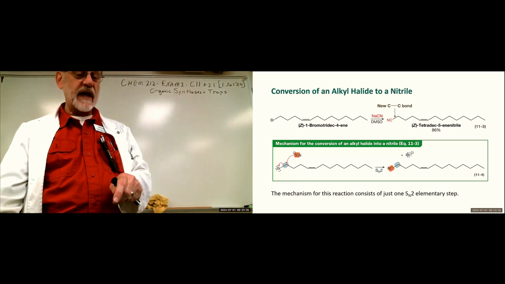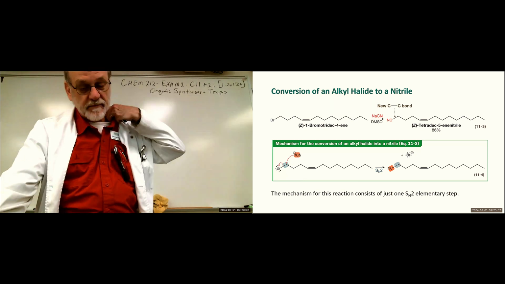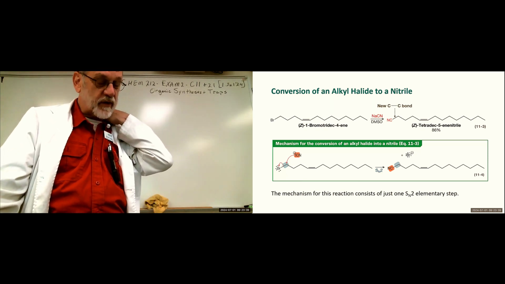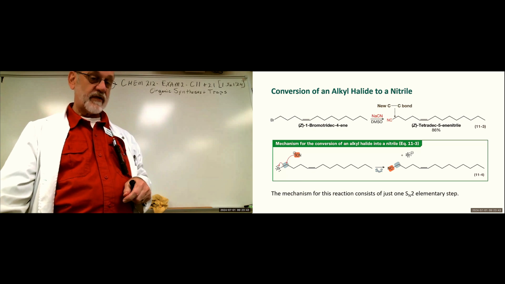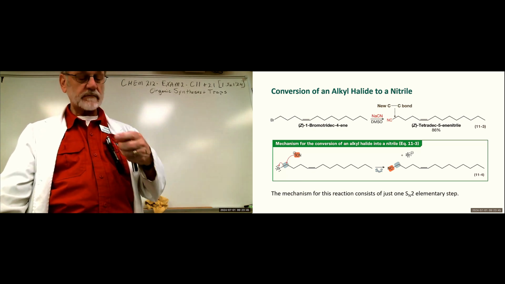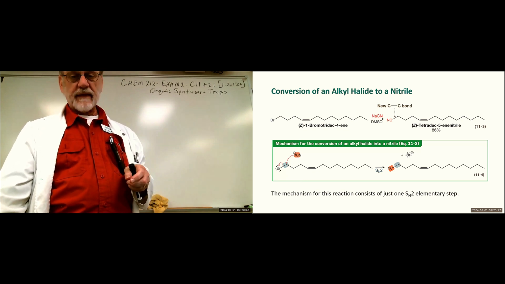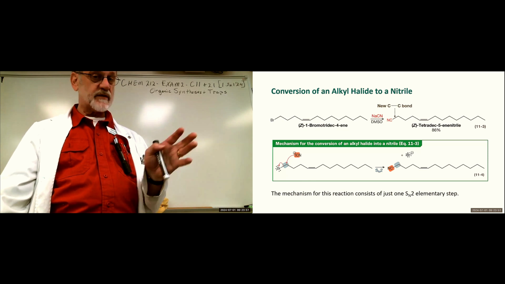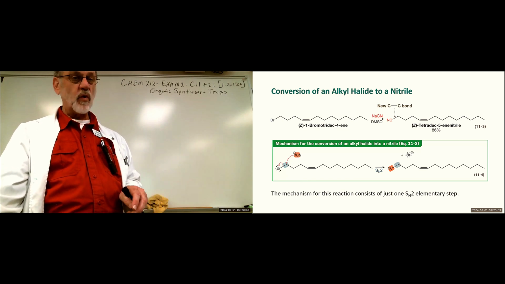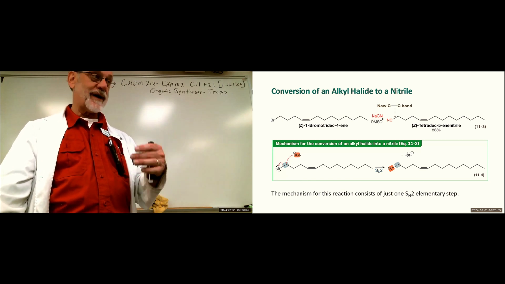Okay, that's the point of attack. It attacks the carbon, the terminal carbon on the bromide. And that would be a backside attack, obviously. And then you've added a carbon to the skeleton. If you only need one carbon, that's fine. But if you need more carbons, then you probably want to go another route.